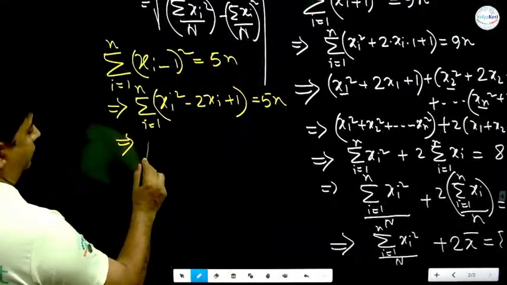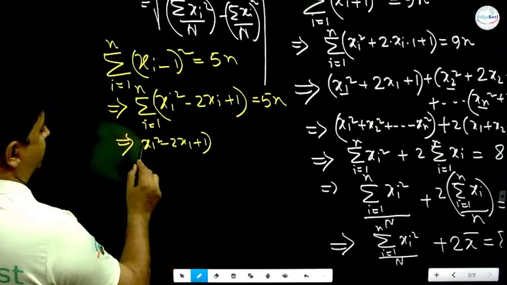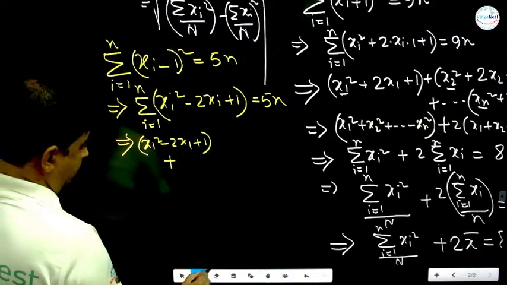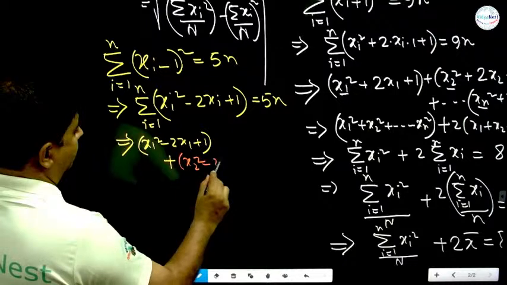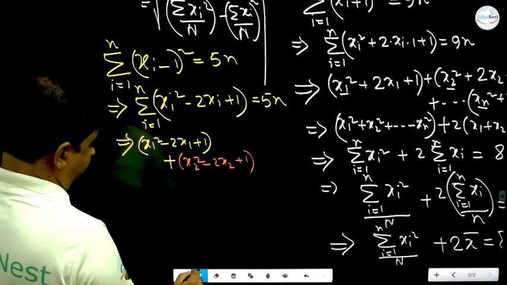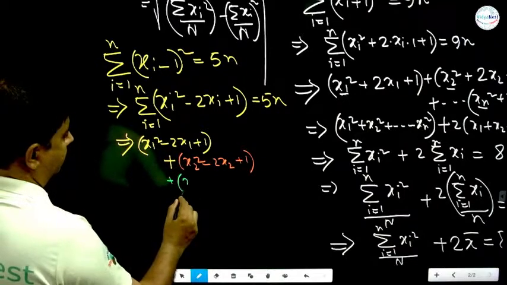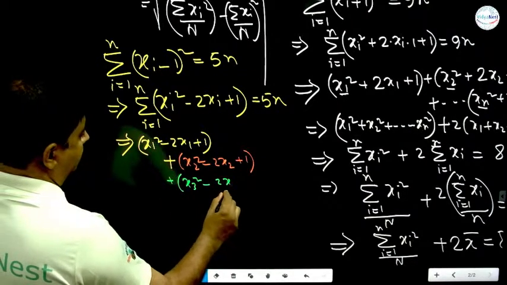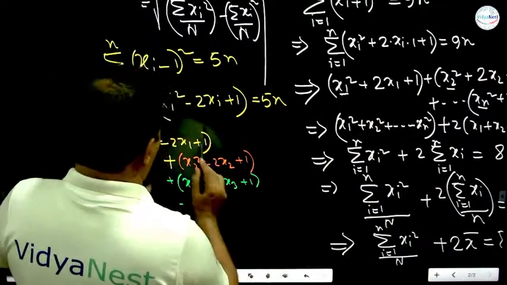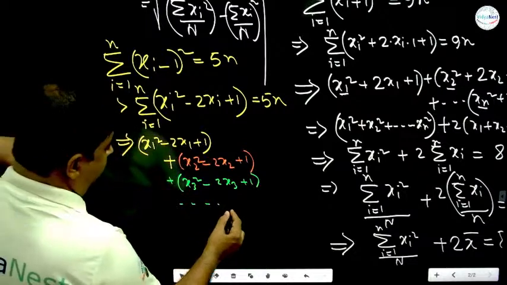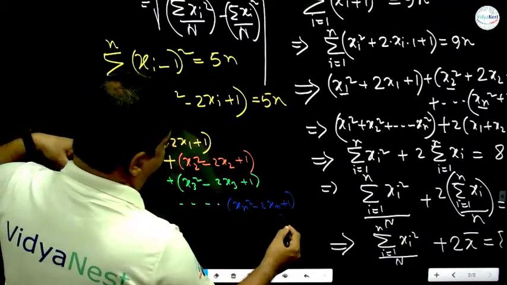First you put 1: x1 square minus 2x1 plus 1, plus put 2: x2 square minus 2x2 plus 1, plus put 3: x3 square minus 2x3 plus 1. Proceed in this way. Once you put the last observation, xn square minus 2xn plus 1, that is 5n.